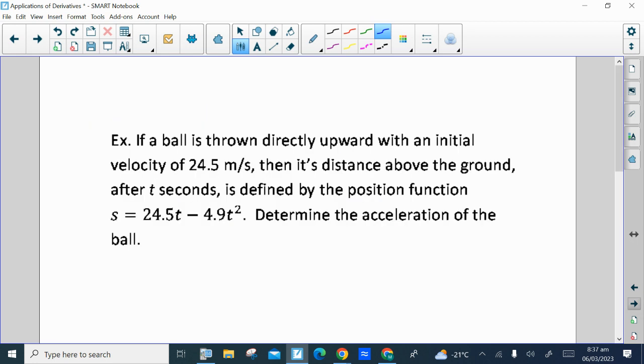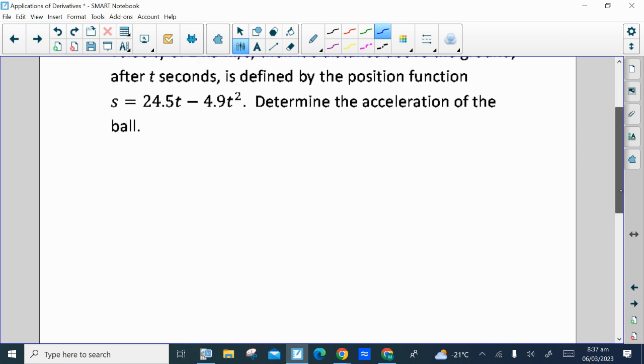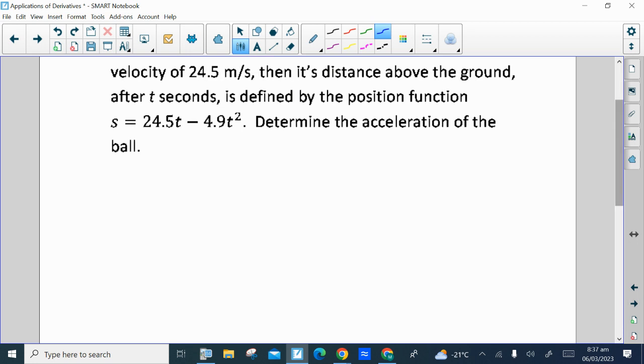A ball is thrown directly upward with an initial velocity of 24.5 meters per second. Its distance above the ground after t seconds is defined by that position function. It says determine the acceleration of the ball. Notice it doesn't give us any time, but as we go through this, again, we're given the position function, so the velocity will be the derivative of the position function, which will be negative 9.8t.